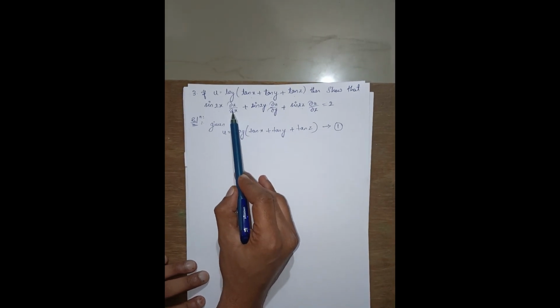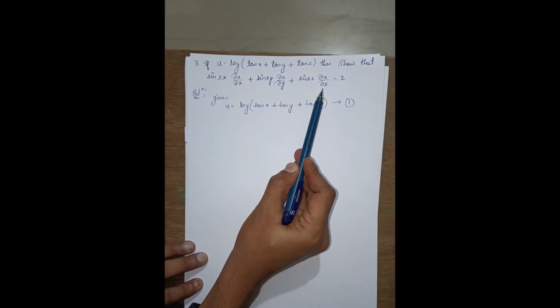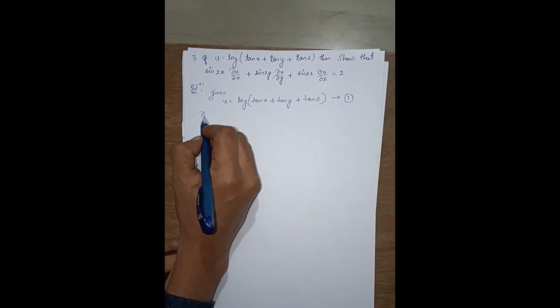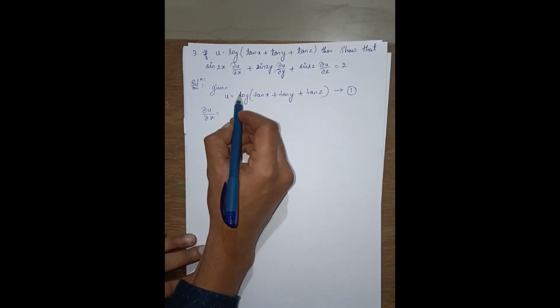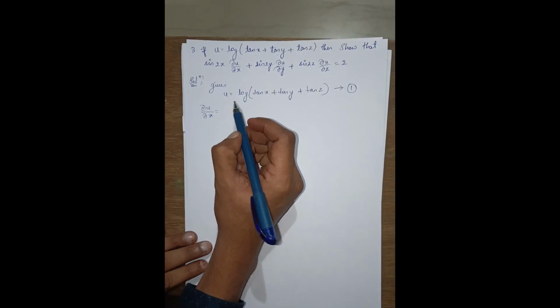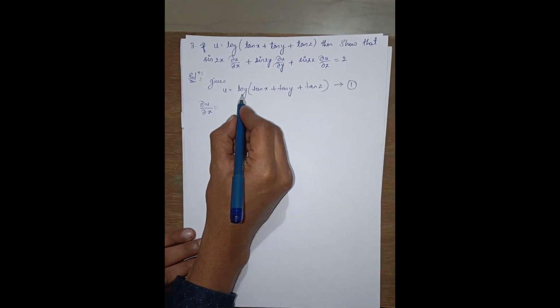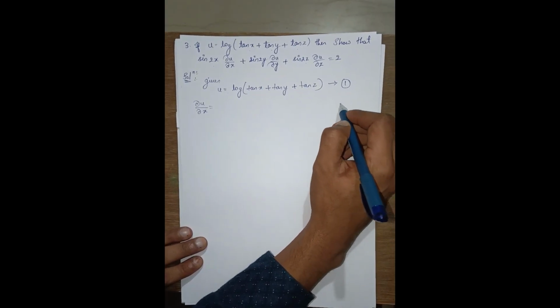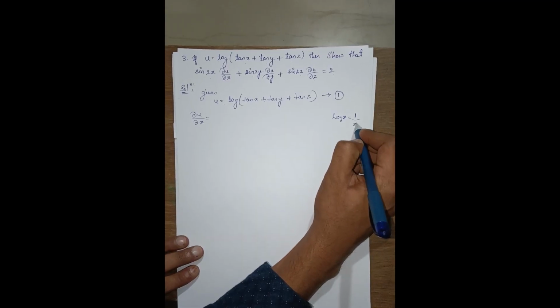We need to first differentiate ∂u/∂x, ∂u/∂y, ∂u/∂z. First, we'll differentiate u with respect to x, keeping y and z constant. We know that the differentiation of log x is 1 by x.